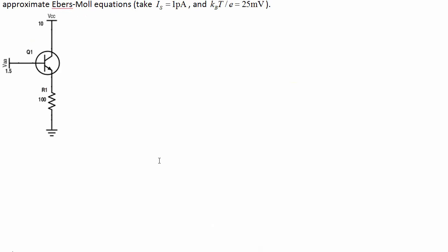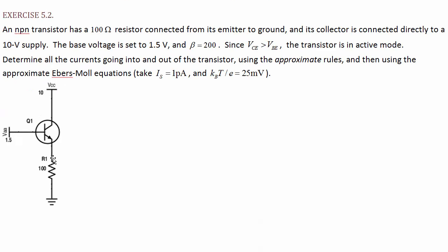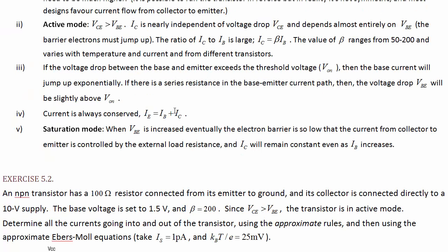Now you may be wondering, we just said the emitter current is equal to the collector current. Why is that a good approximation? Well, because beta is so big, almost all of the current going out of the emitter is from the collector, not from the base. The collector current is 200 times bigger.